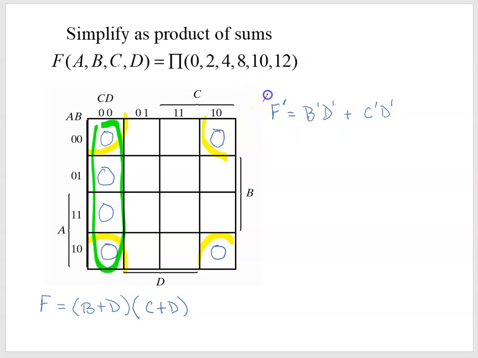Then when we take the complement of that, we change the AND to OR and complement each literal, all ANDs to ORs, so we get B or D ANDed with C or D, and we get the same result with both methods. We expect to get the same result.